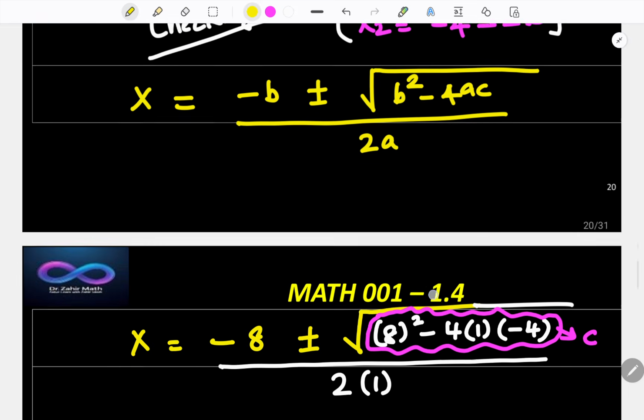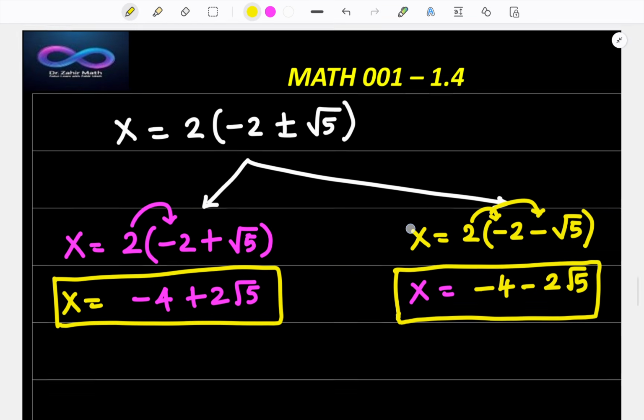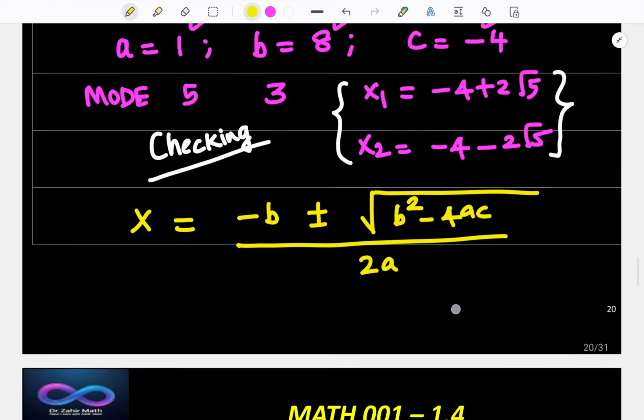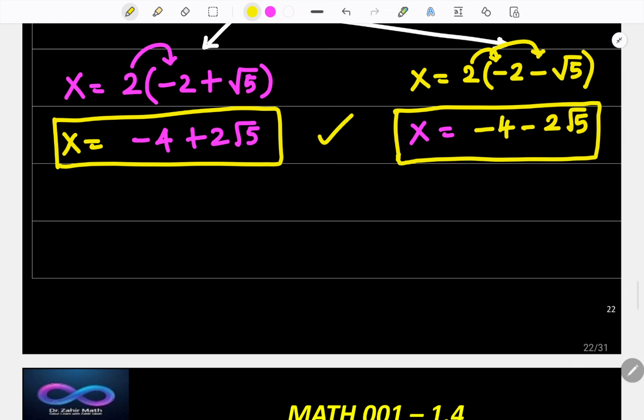Let me check. Am I getting the same answer in the calculator? Minus 4 plus 2 root 5. Yes. And minus 4 minus 2 root 5. Yes, I am correct. Okay. So in this way, you have to use your quadratic formula. When the question says factor, you have to use factoring.